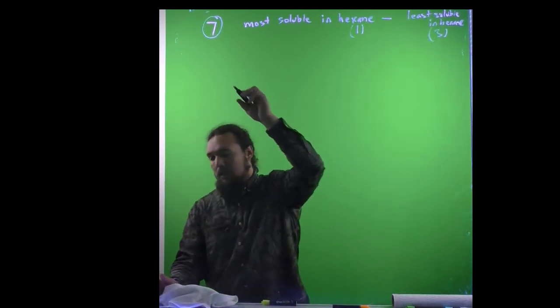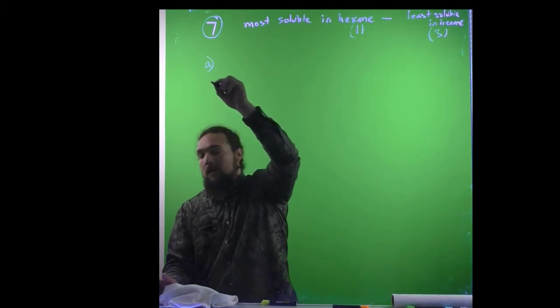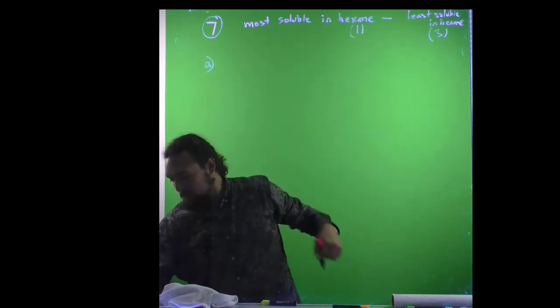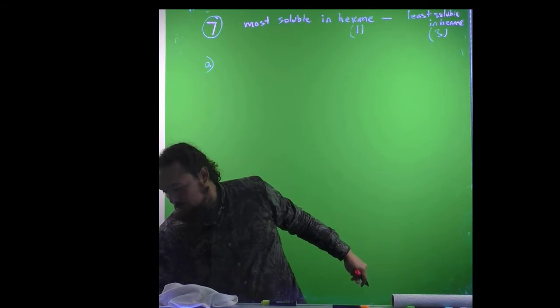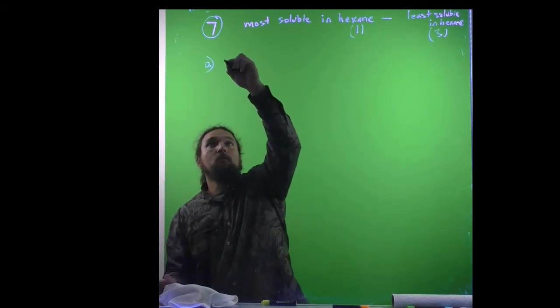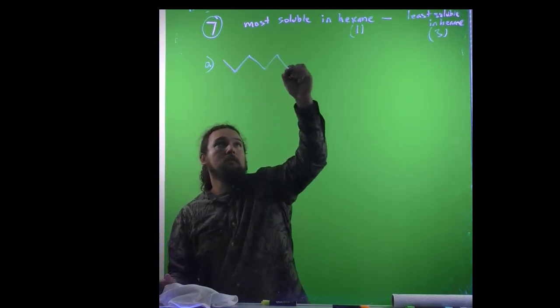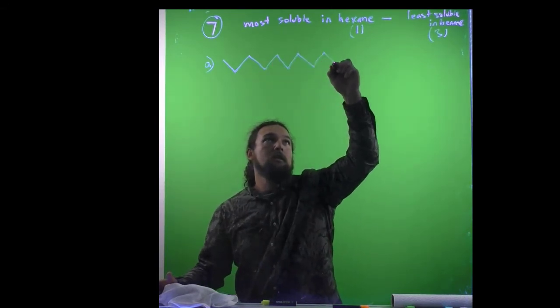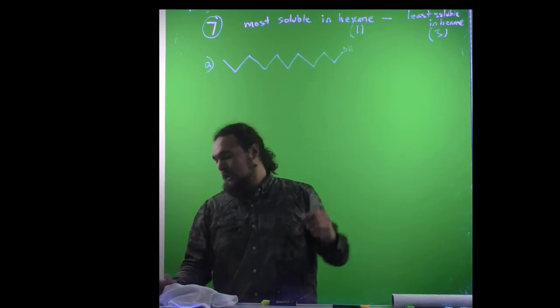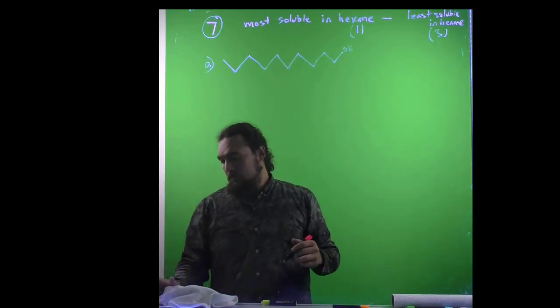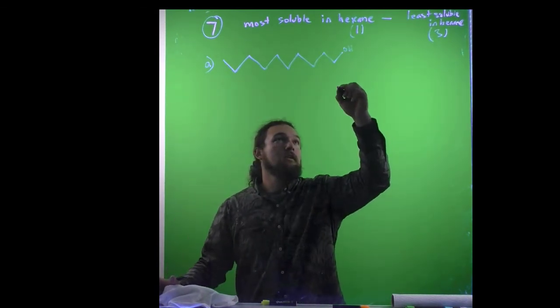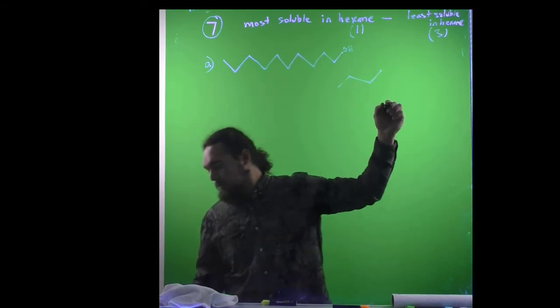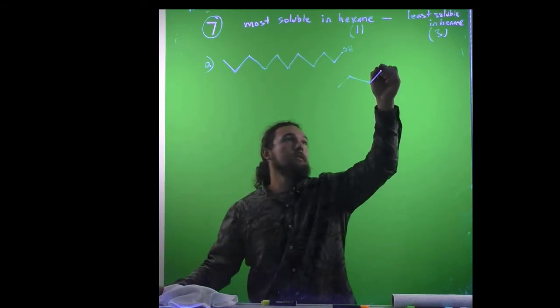So for both of these problems, for A, I actually draw out the structure, and we have 2, 4, 6, 8, 10. We have 1-decanol. 2, 4, 6, 8, 9, 10. So we have decanol. We have, let's see, 1, 2.